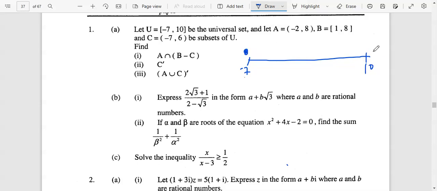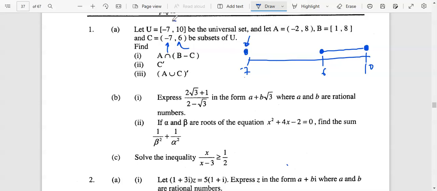We know that -7 and +10 are both in the universal set. Now for C complement, C is from -7 to +6, meaning that since 6 is not part of C, it is going to be part of the complement. And then I'll go this side. And since -7 is not part of C, it will be part of the complement.